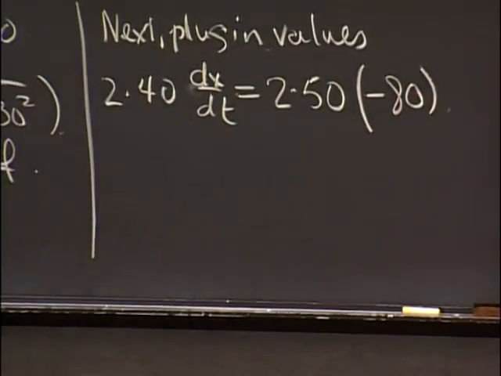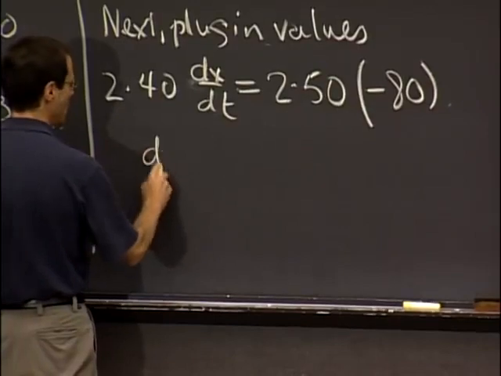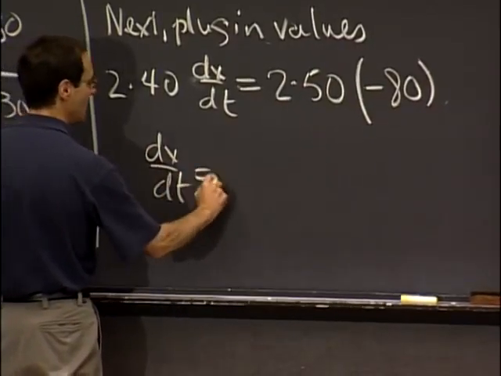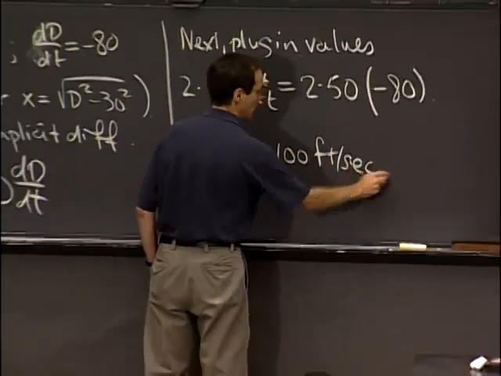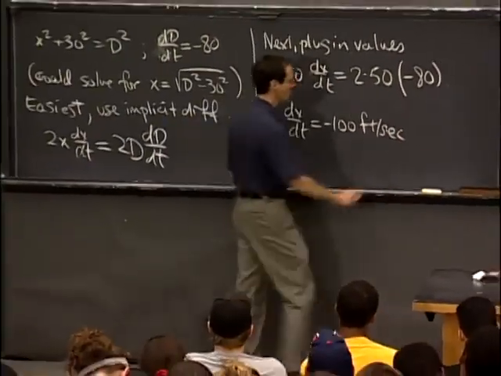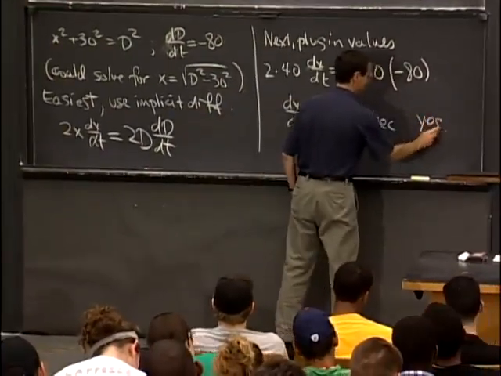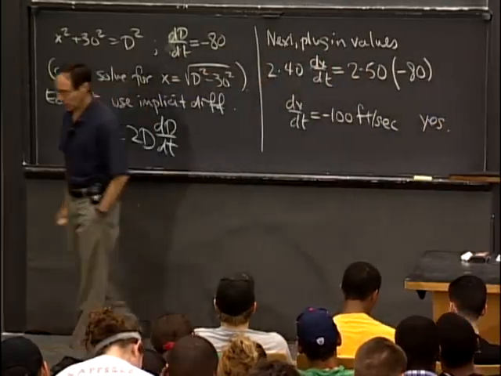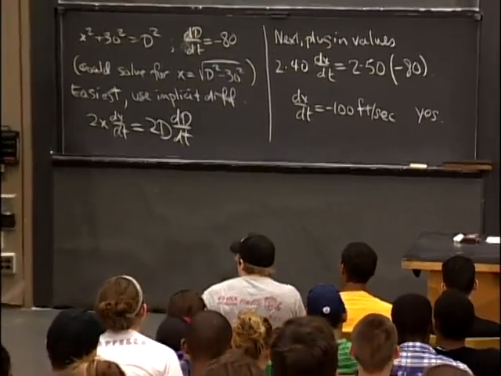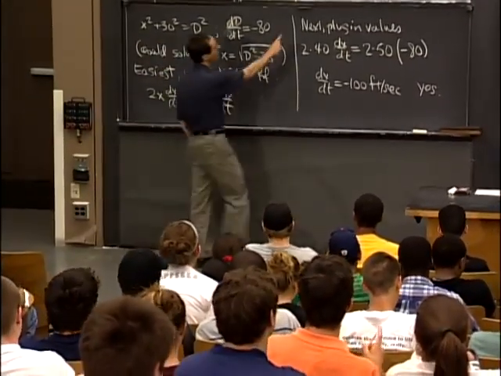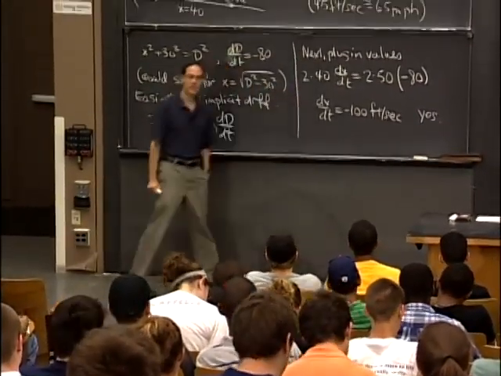So the 80s cancel, and we see that dx/dt is equal to minus 100 feet per second. And so the answer to the question is yes. Although he probably wouldn't be pulled over for this much of a violation. So that's right, it's more than 65 miles an hour by a little bit.